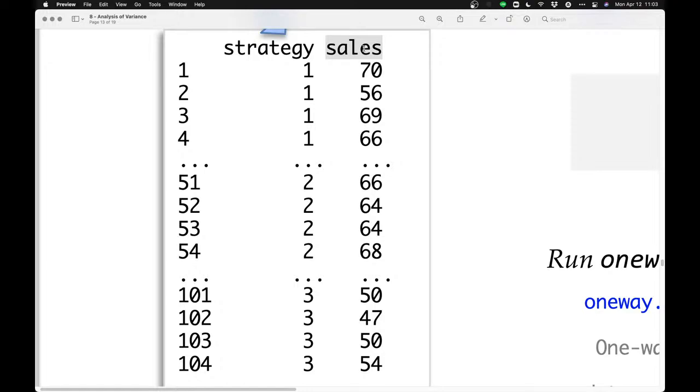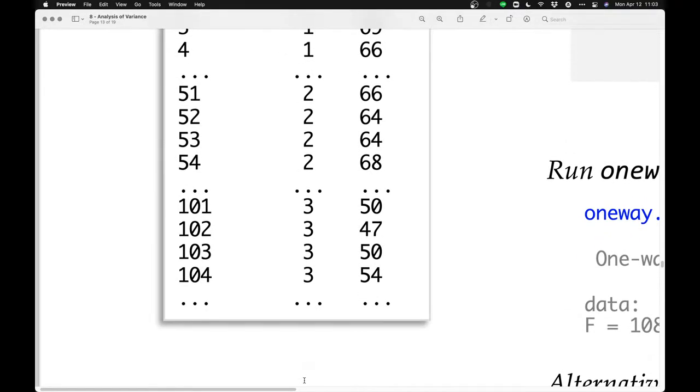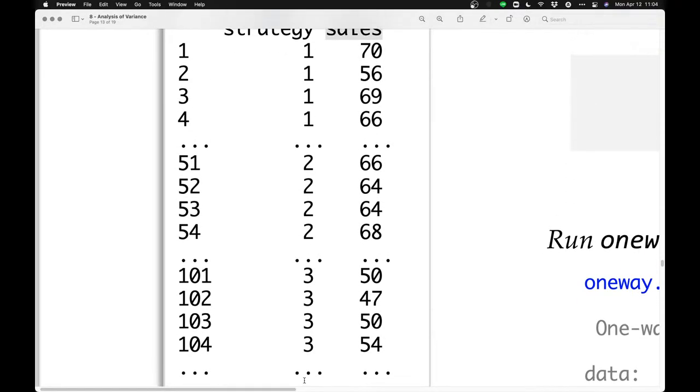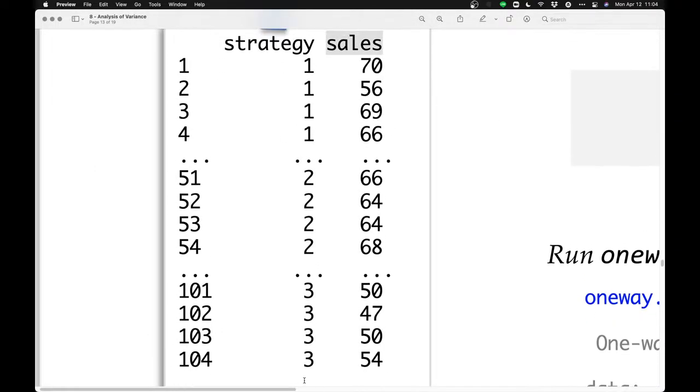In this case, let's call it sales. And the strategy you used to get each of these sales, meaning the treatment you used, should be a column by itself. So actually, it wants the data not in a wide format, but in a tall or long format. Instead of 50 rows, it wants 150 rows, where the first 50 rows will be two columns with the treatment number and the sales of that treatment.